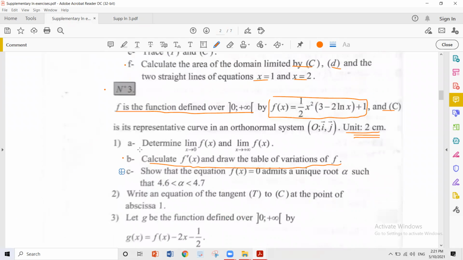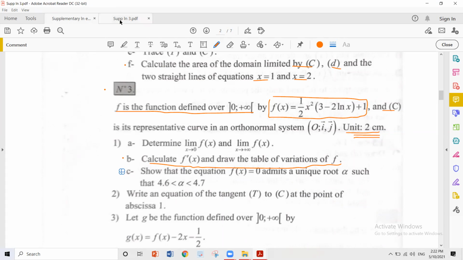Once again, how to show the equation f x equal to 0 admits unique root alpha and alpha between 4.6 and 4.7. بنقول f continuous ومونوتون، بنجيب ال f of 4.6 وال f of 4.7.